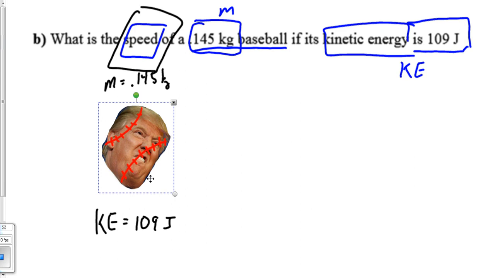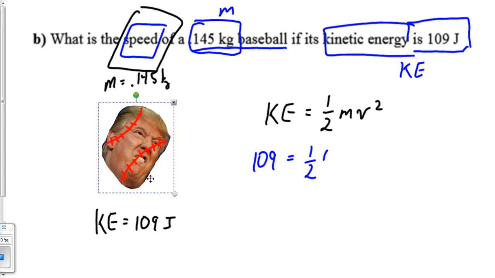What is the velocity of the baseball? Let's just go. Kinetic energy equals, one more time, 1/2 mv squared. And here we go. Kinetic energy is 109 equals 1/2 times 0.145.